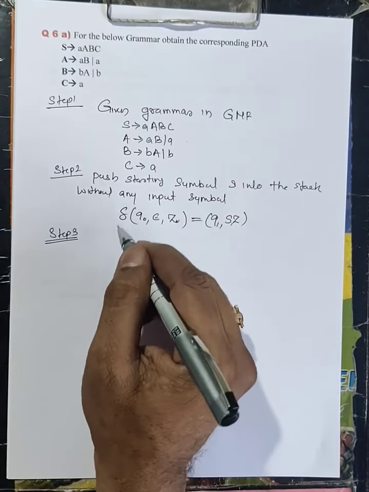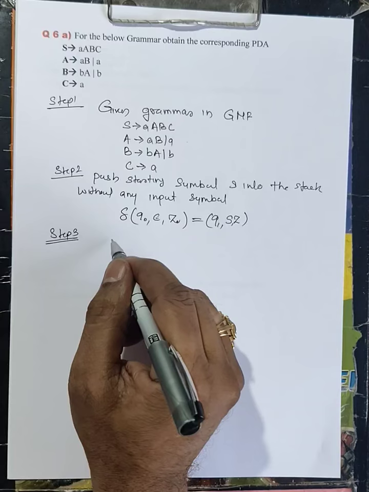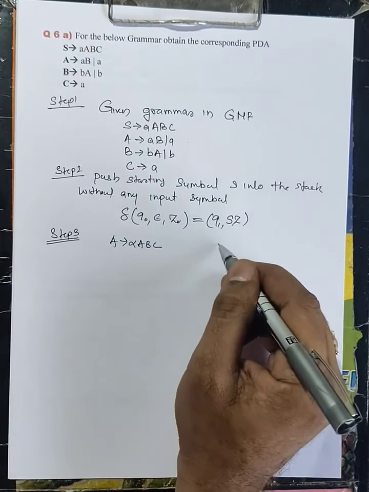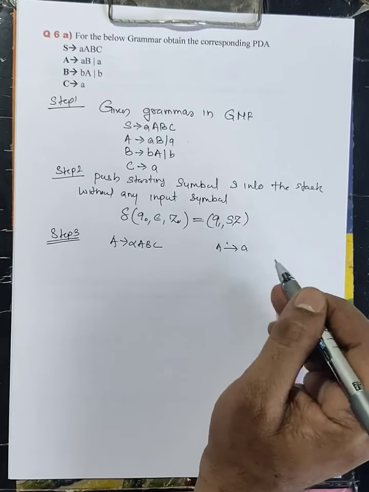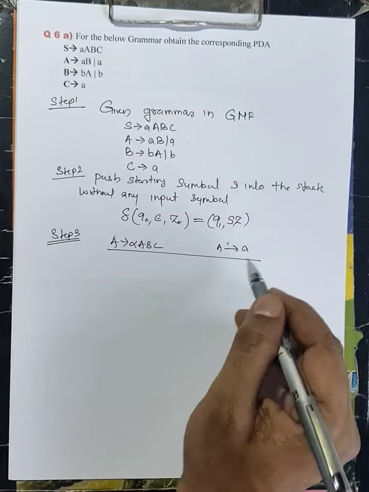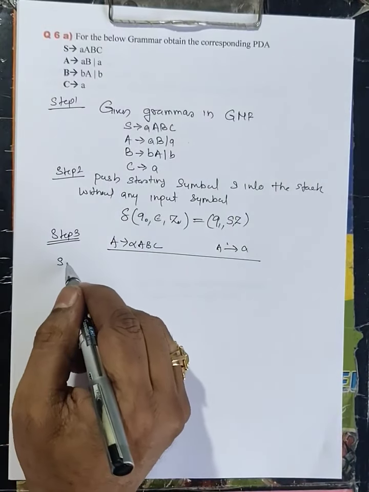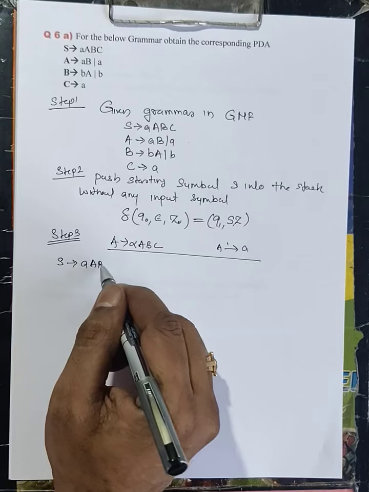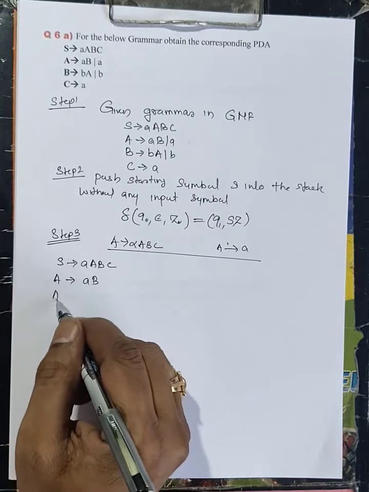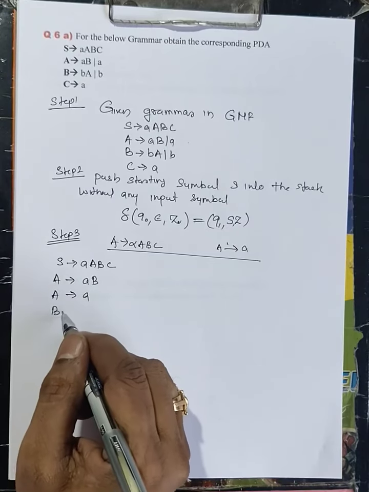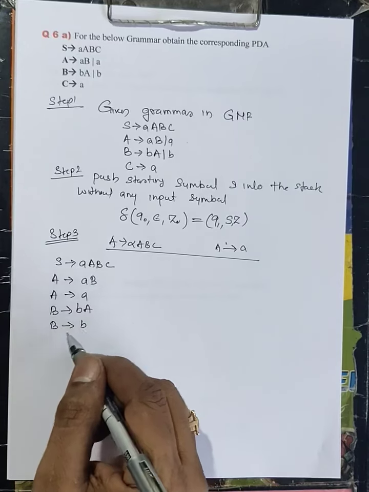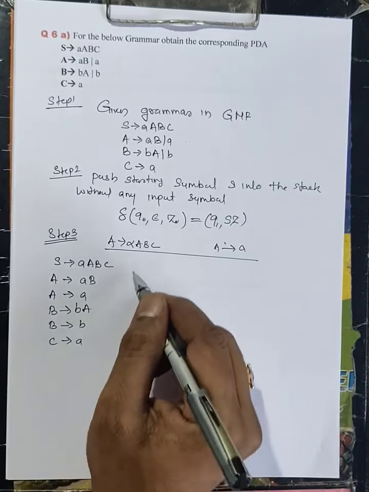GNF grammar is in the form of A produces a B C or A produces a. Now we convert these directly into transitions. Given productions: S produces A B C, A produces A B, A produces A, B produces B A, B produces B, and C produces A.